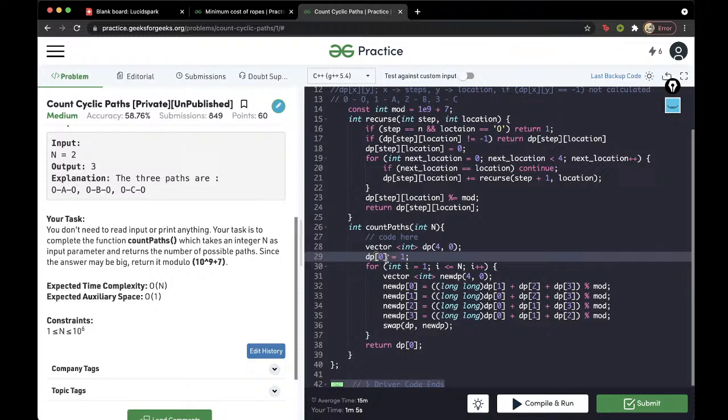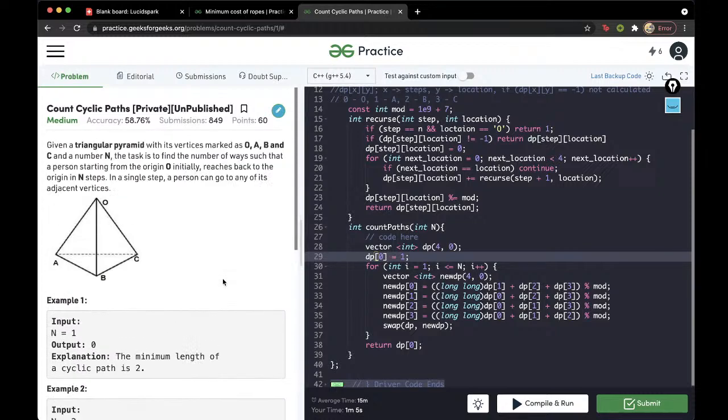And as we know, we start off in the o, so dp of o equal to 1, right? Because o is mapped to 0 over here, so dp of 0 equal to 1. And now we have n steps, right? For these n steps you calculate the new dp. This o can come from either a, b or c, and a can come from o, b or c, and so on.